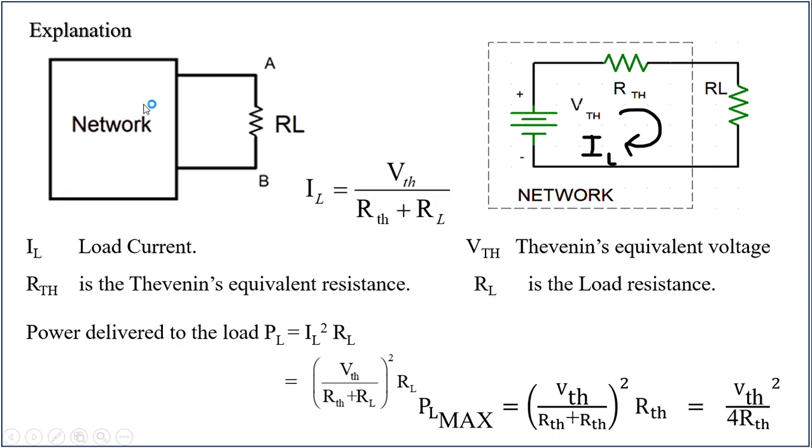If you replace this network with Thevenin's equivalent network, it will have VTH, RTH and RL all in series with each other.